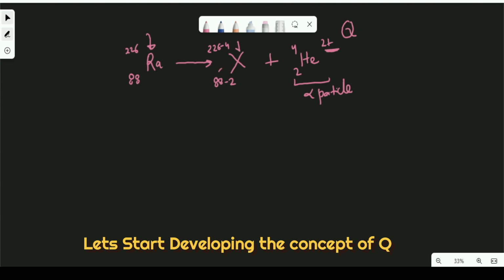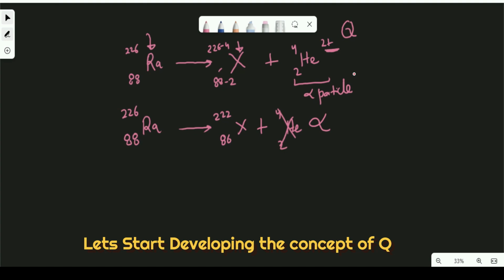This is also some nucleus we don't know, and we don't need to worry about it. So I will just write it. So 226 will become 222 and 88 will become 86, and then of course helium or alpha particle. I can write this as alpha particle. It's an alpha decay. This is radium 226 and 88.